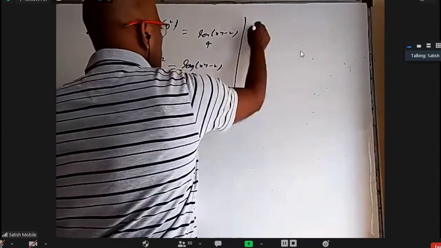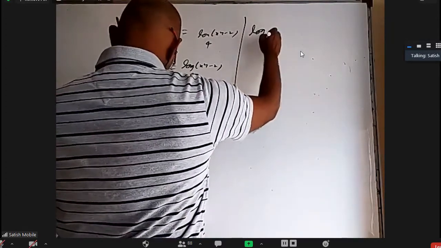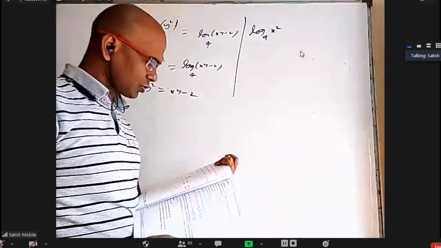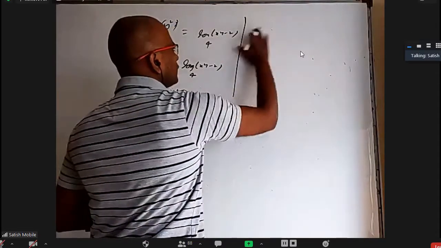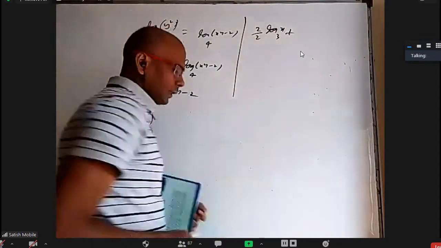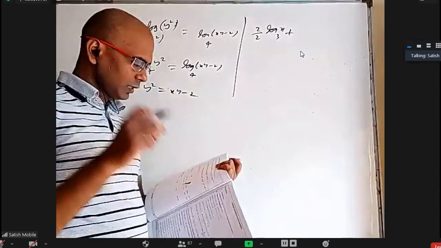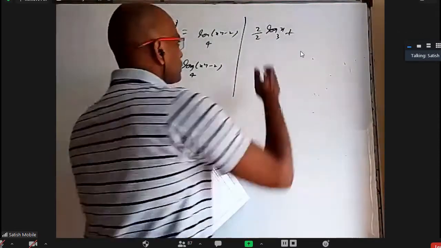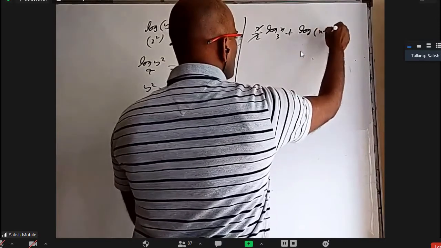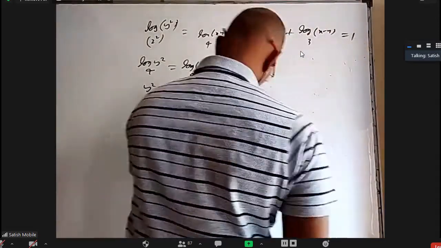Other equation, one is base 3, one is base 9. So second equation I am going to write log 9 base x square. Of course, I can take 2 outside, right? I can write 2 by 2 log x base 3. X square, the 2 came out. 9, which is 3 square, the 2 also came out. They'll cancel. Log x plus log x minus y base 3 is equal to 1.